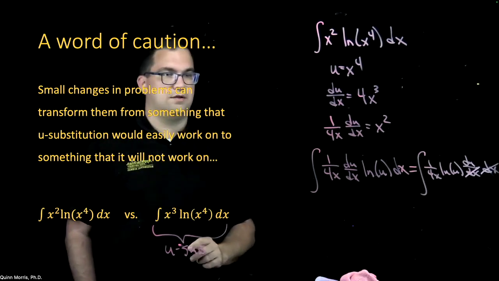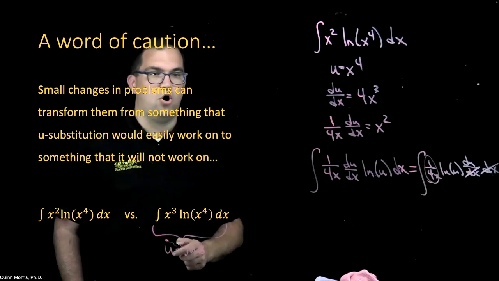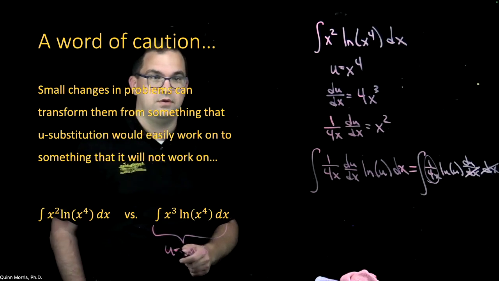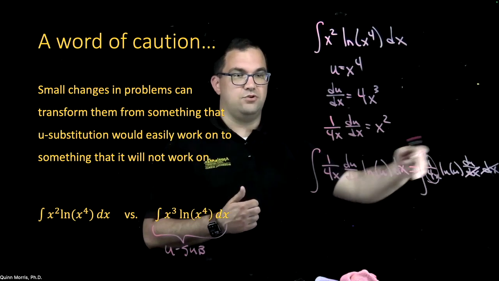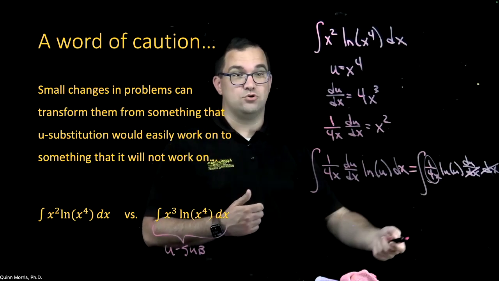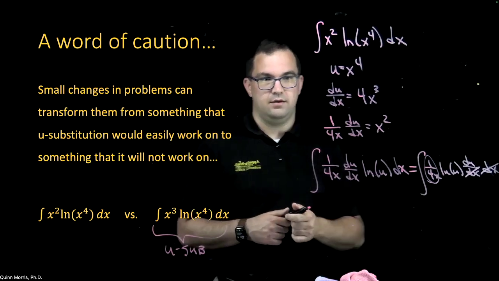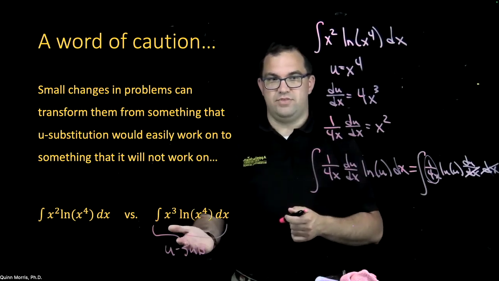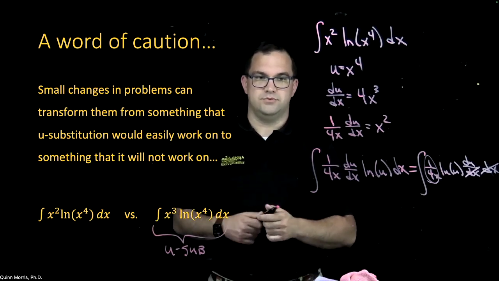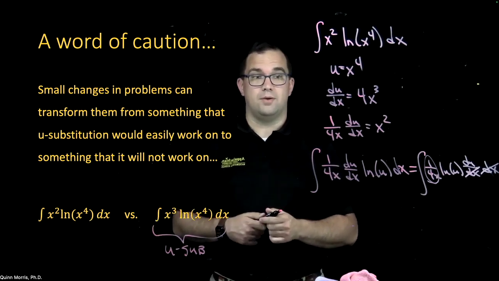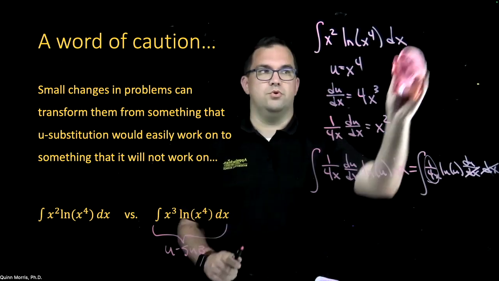You might try to cancel those, but you'll notice the problem is you haven't managed to eliminate all of the x terms. So even after trying to do this u-substitution, you still have x terms left, which indicates that this is not a valid u-substitution. While you can solve this integral by u-substitution, you can't solve this integral by u-substitution. Later on, we will talk about methods for dealing with such integrals, but u-substitution will not work here.